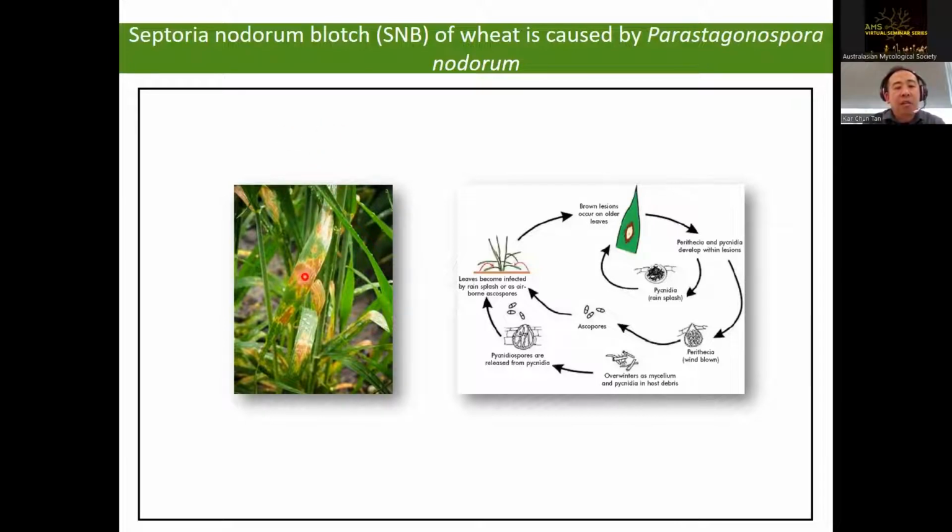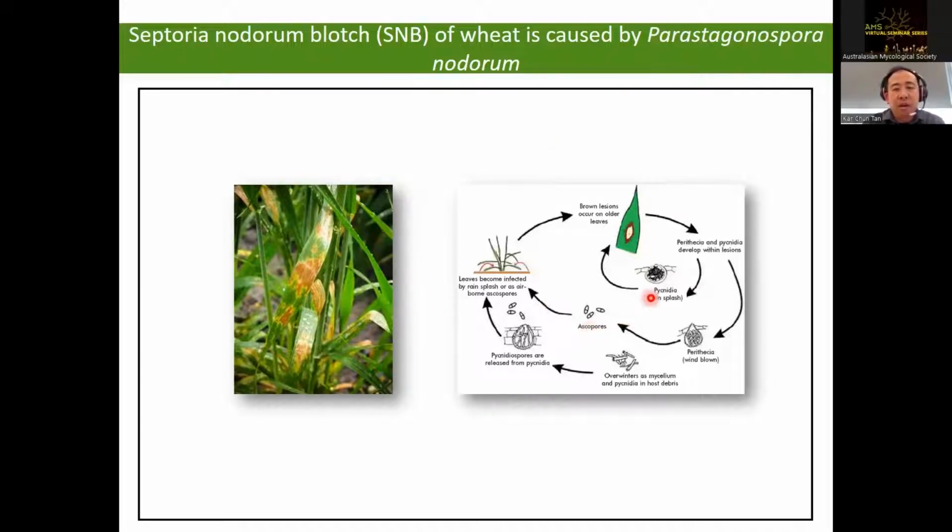And these lesions coalesce, and it reduces the photosynthetic capability of the wheat itself. These lesions are caused by this little nasty fungal pathogen called Parastagonospora nodorum, which we affectionately call Stago, simply because after 20 years working with this pathogen, you cannot pronounce its name properly. Now, this is a traditional necrotrophic fungal pathogen in that it's shoot first, ask questions later, right?